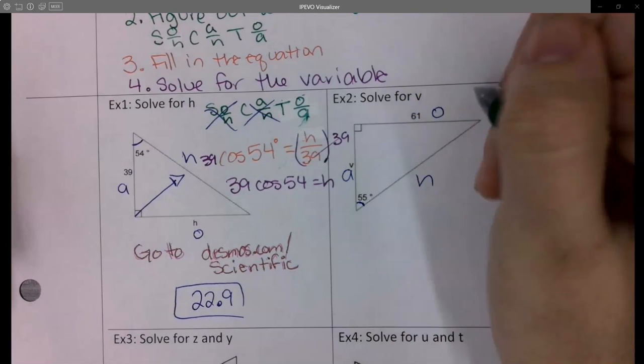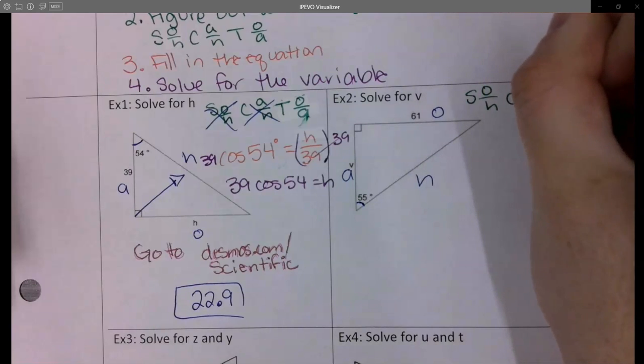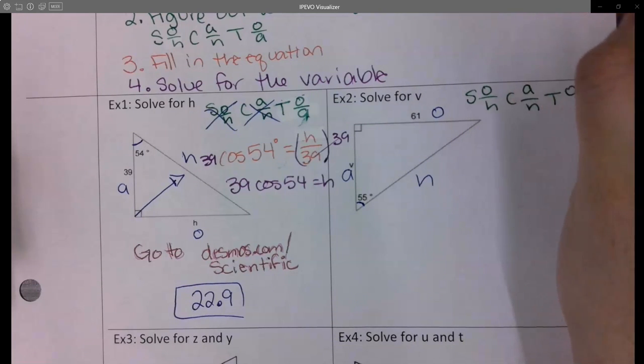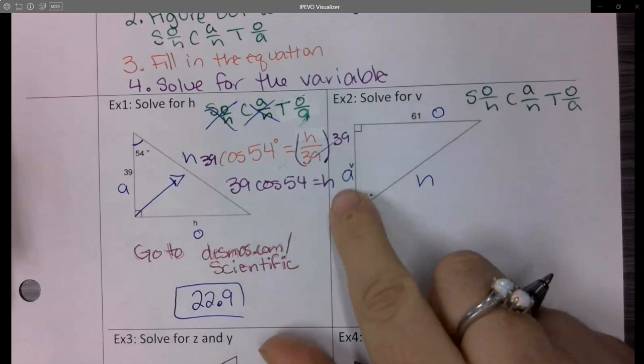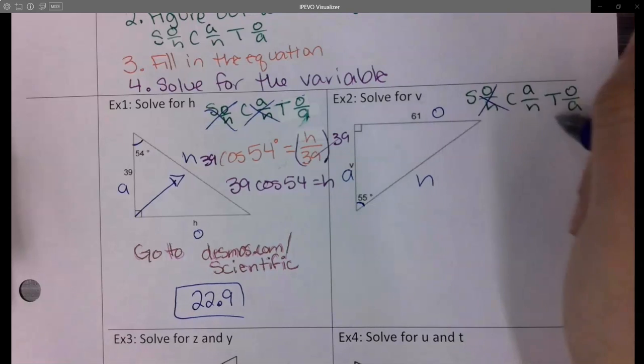So I need to figure out which trig function to use. Remember I have SOHCAHTOA. This one, I have the A and the O that are labeled again. So I want to pick the tangent.